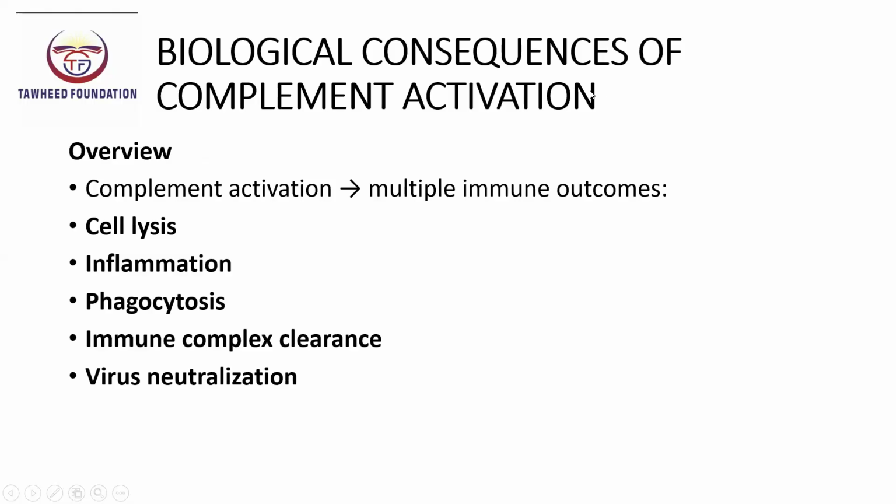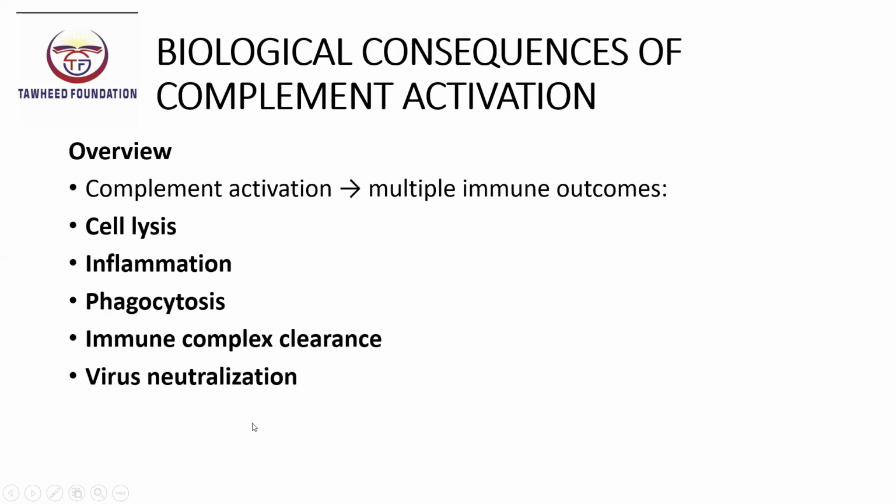Next is biological consequences of complement activation. Activation of the complement system leads to a wide range of biological outcomes that are crucial to both innate and adaptive immunity. These include cell lysis, inflammation, enhanced phagocytosis, immune complex clearance, and virus neutralization.